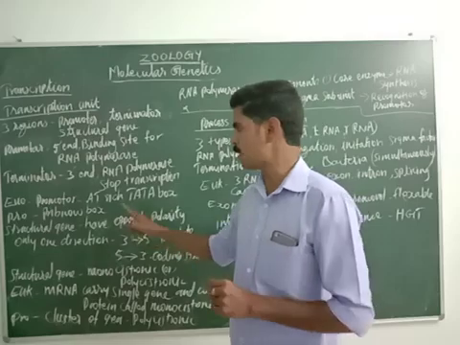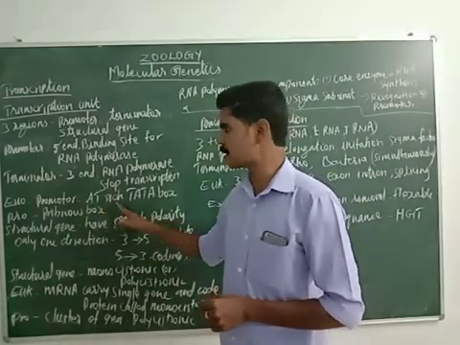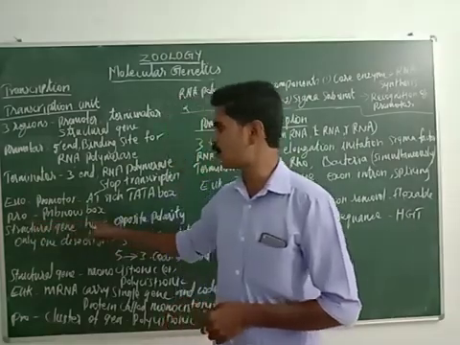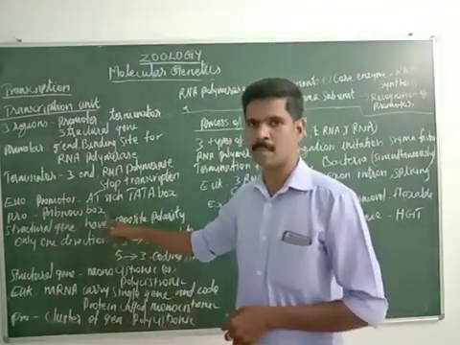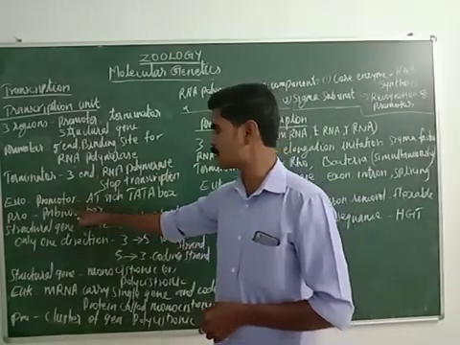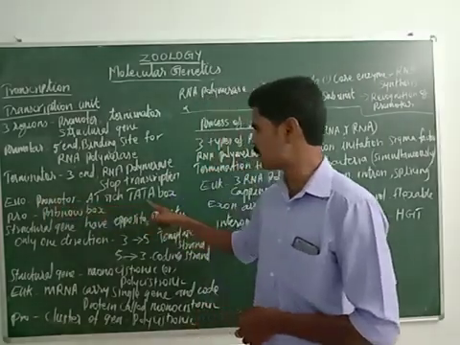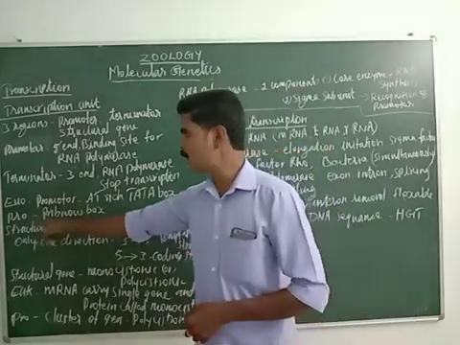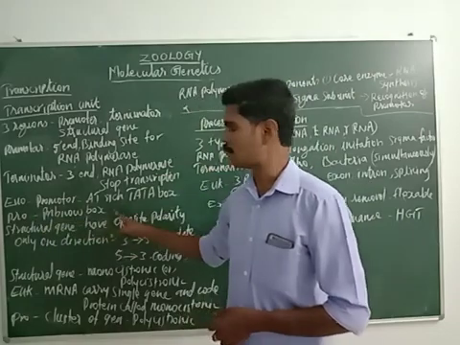The same AT rich region present in the promoter region of a prokaryotic organism is called the Pribnow box. The AT rich region in the eukaryotic promoter is called the TATA box, and in the prokaryotic promoter it is called the Pribnow box.